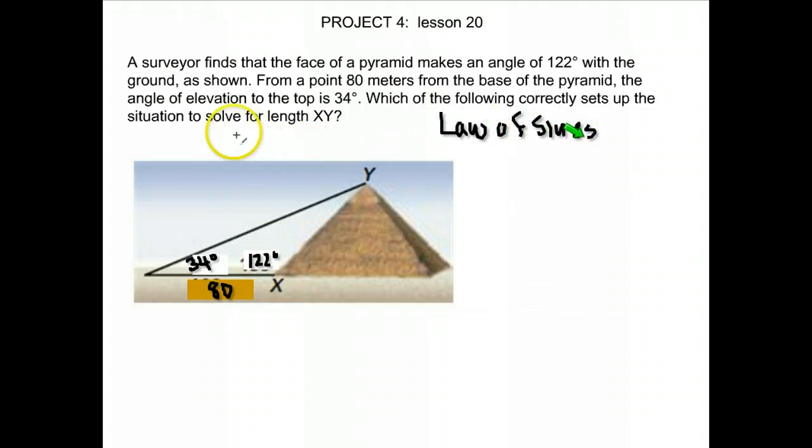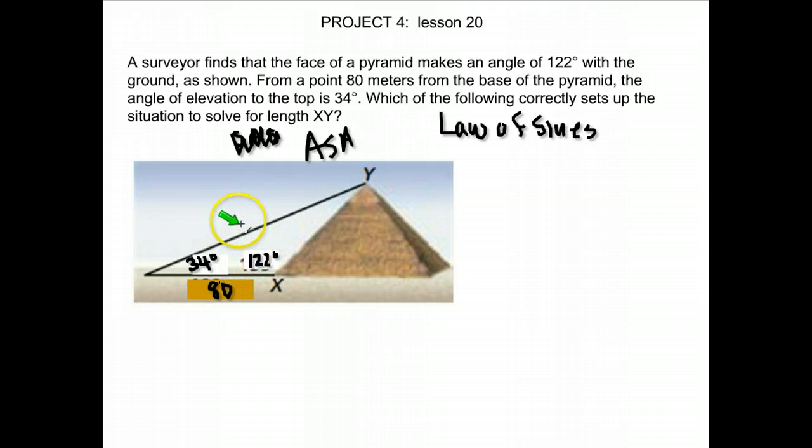specifically because I have the situation of angle, side, angle. I have an angle, and the side between them, just like the order of my letters here, angle, side, angle. So I know I need to use the law of sines. For the law of sines, remember you write down an angle, okay, and then for that angle you do the side across from it.